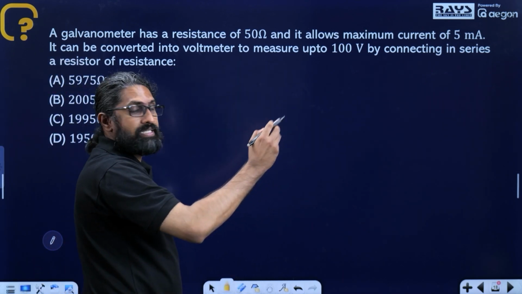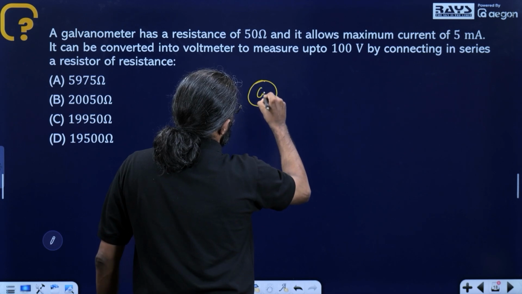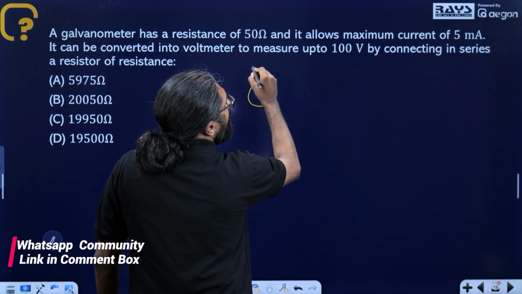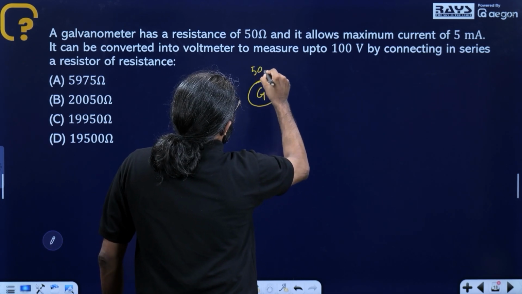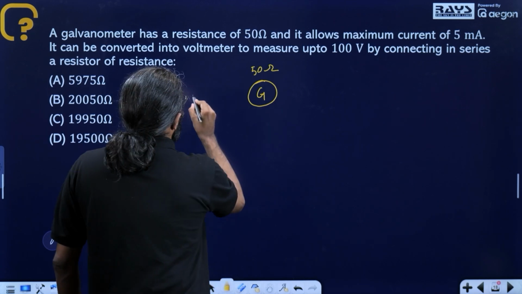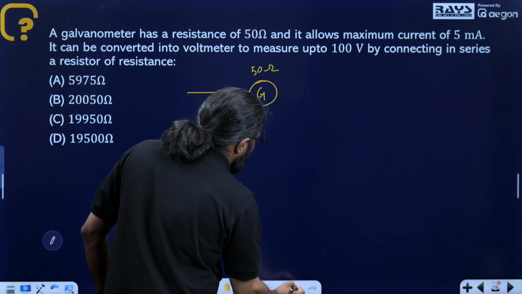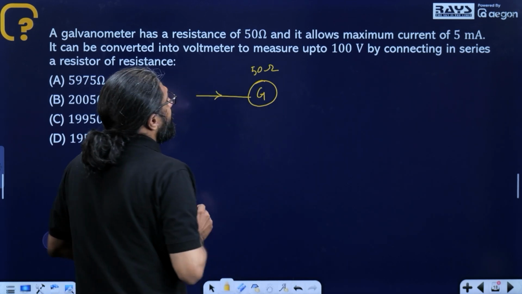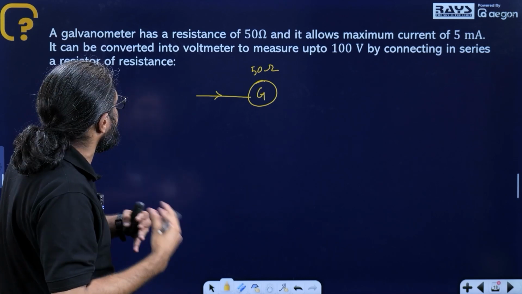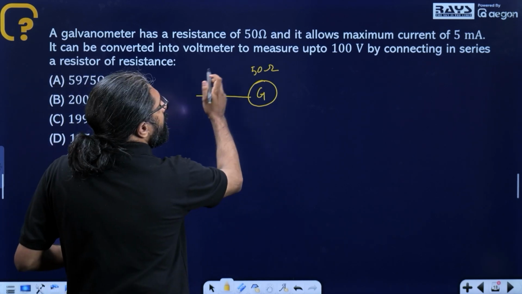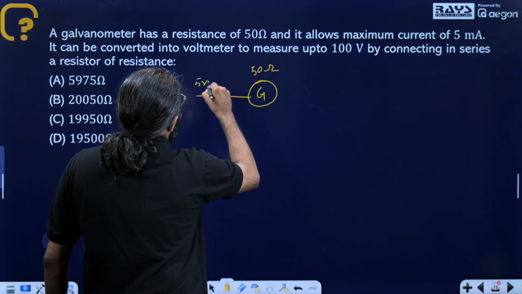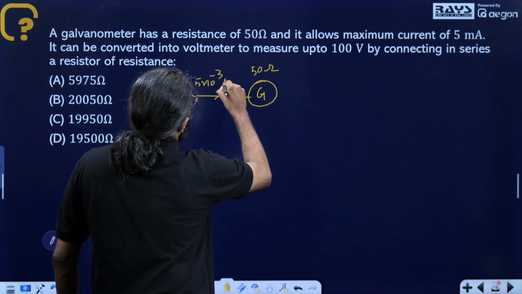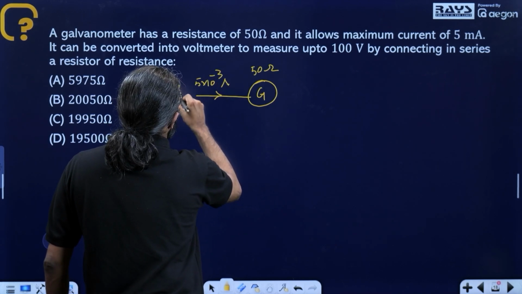You have a certain galvanometer, G, and it has a certain resistance of 50 ohms in the first place. It can handle a maximum current of 5 into 10 raised to minus 3 amps. That is Ig here, right?